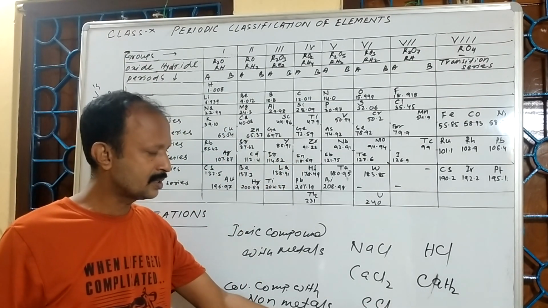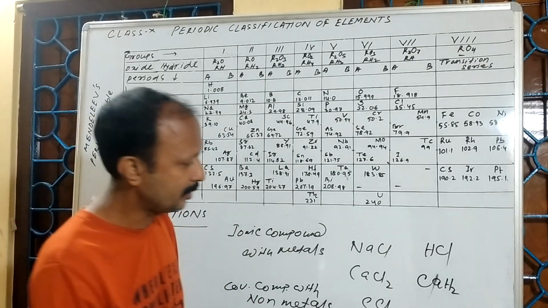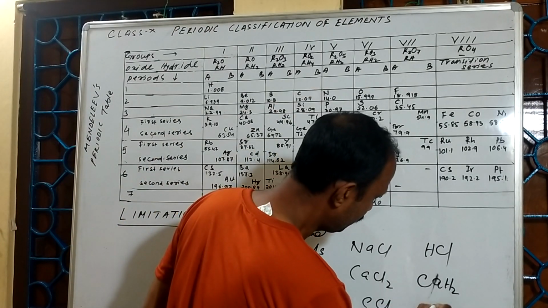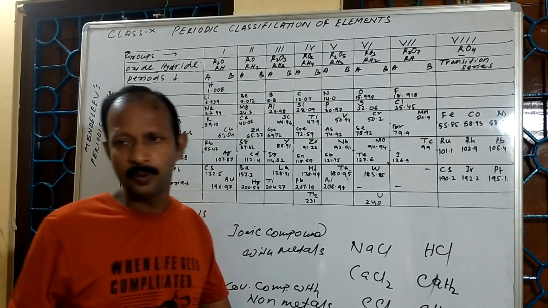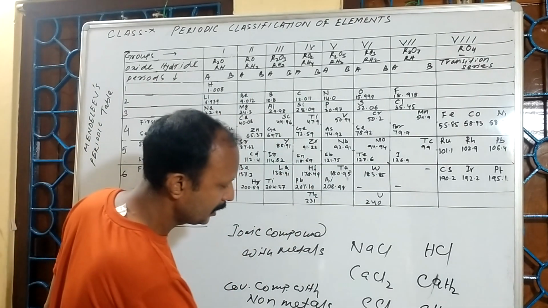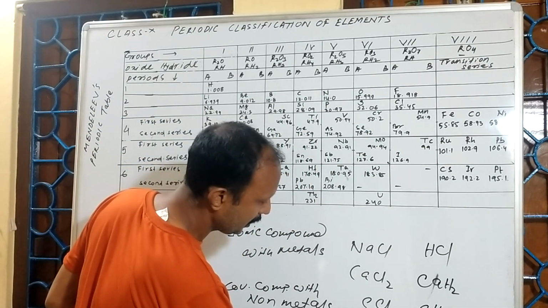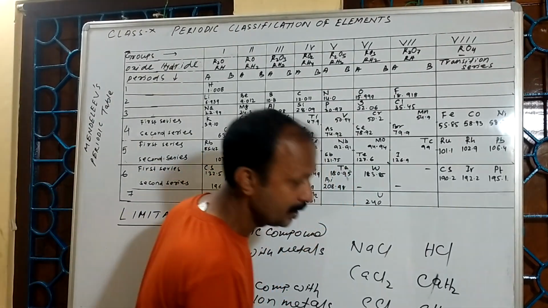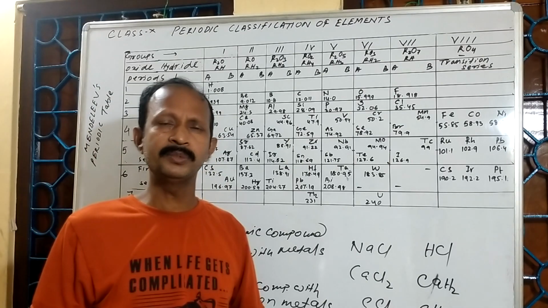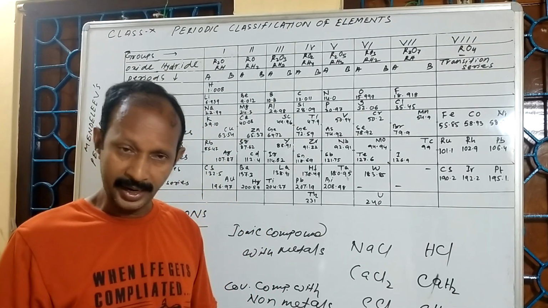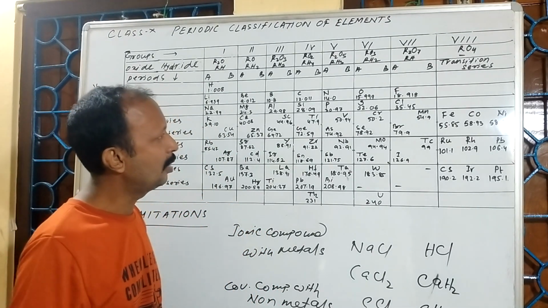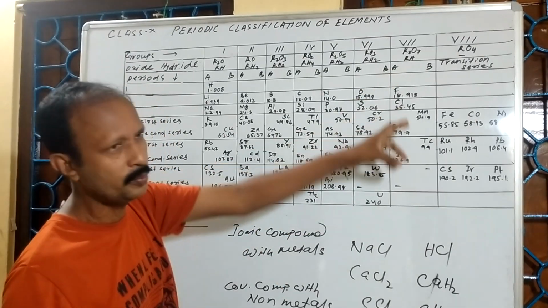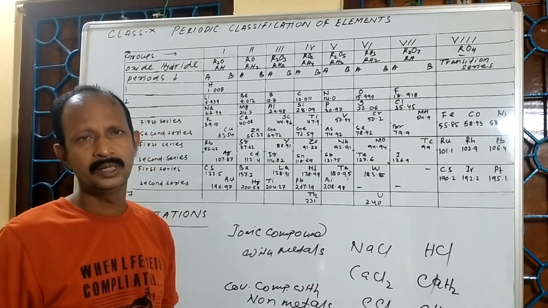So halogen makes CCl4, whereas hydrogen makes CH4. Similarly, suppose this is NCl3, I can say this is NH3. That means some of the properties of hydrogen are similar to the properties of the 7th group elements, the halogens.